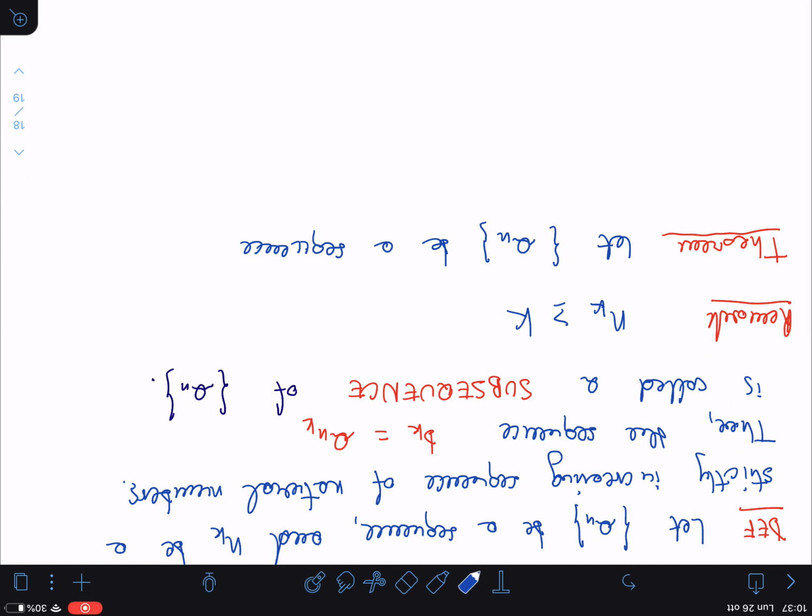Let an be a sequence that has a limit. And this limit can be finite or infinite.